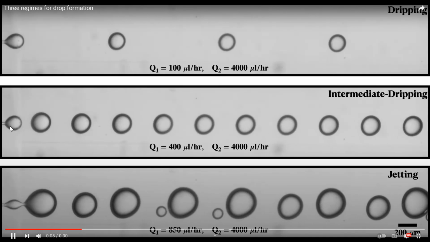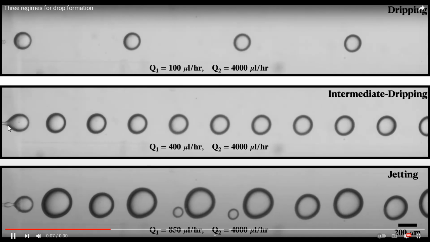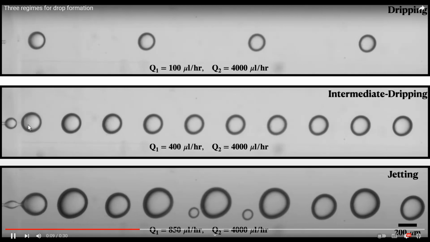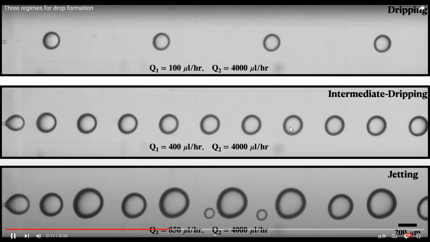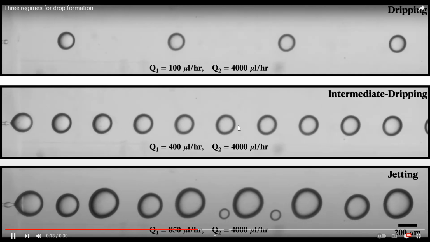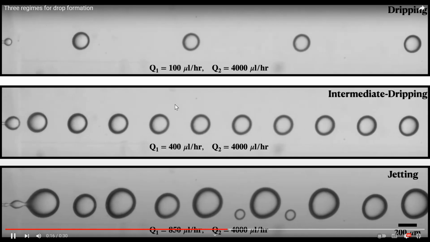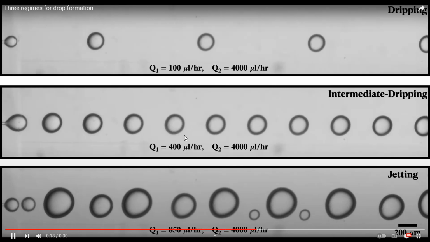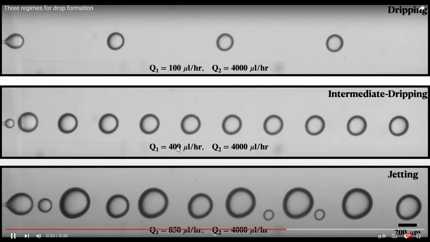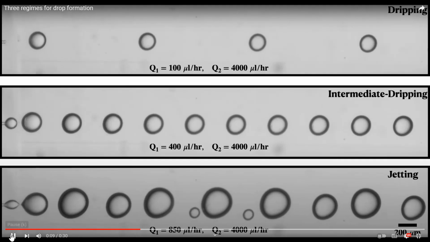Here you see there is somewhat stretching and thinning, and the droplet size is somewhat more. This happens when the dispersed phase velocity is more. And the last one is the jetting regime.